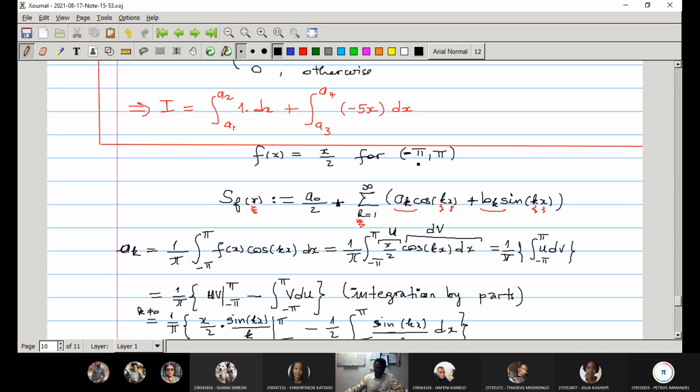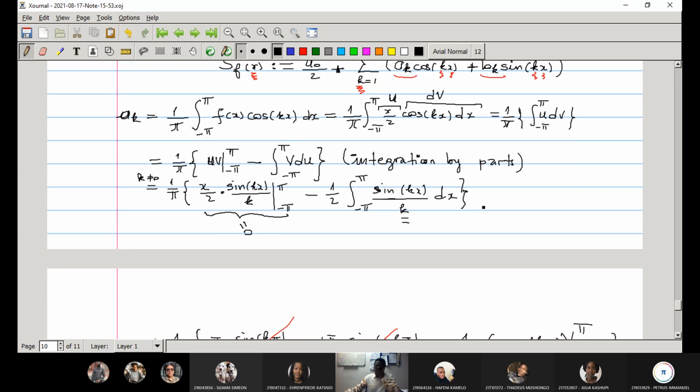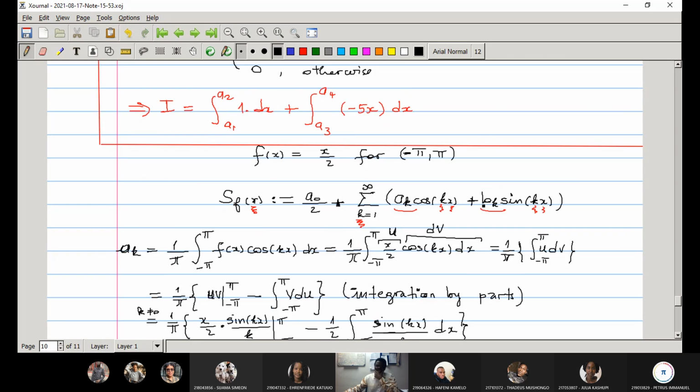So even when we extend it periodically, it will remain odd. An odd function can only be expanded in terms of odd functions. So between cosine and sine, the odd function is sine, meaning that the terms in cosine will not be present. So only the terms in bk will be present. So all the ak's will automatically be 0. Okay, that's another way to see it without even computing.